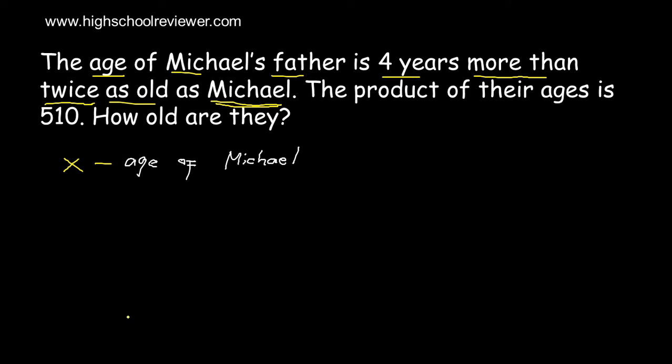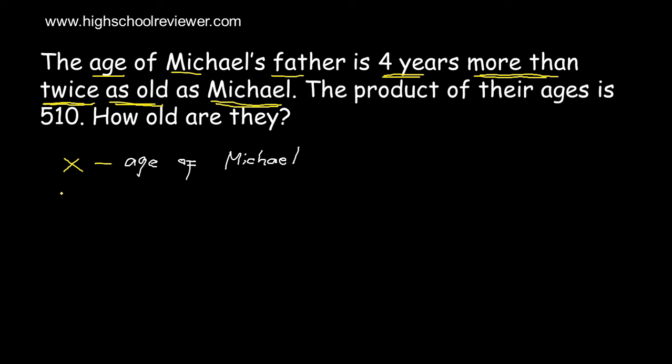And what will be the age of Michael's father? Again, basing from the statement, it is 4 years more than, so that will be added by 4. And we have 4 years more than twice as old as Michael.